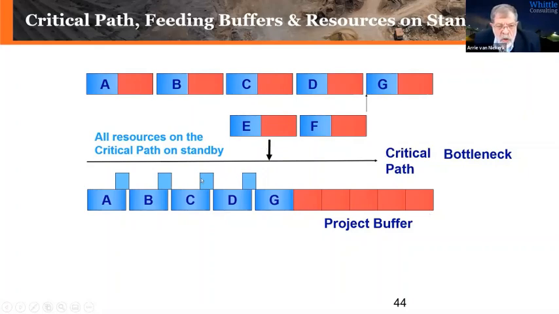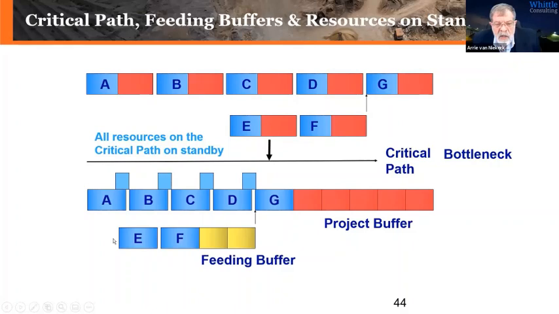You put resources on standby on all tasks in the critical path. So in the chance that task A gets finished a day early, B can start a day early so that you can gain on early finishes, which in our normal project management approach we cannot do. And then everything feeding into the critical path, you put a feeding buffer. So once again, it's bottleneck, buffer management, and protective capacity. The same concepts as in operations, but in a slightly different way.